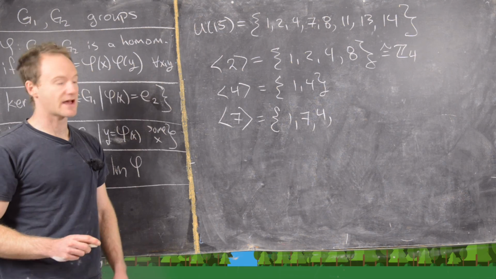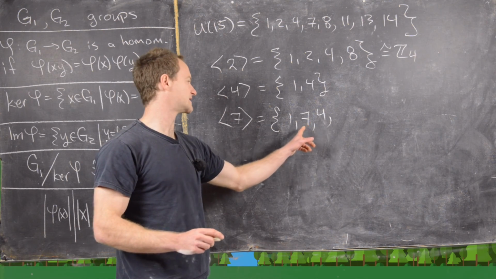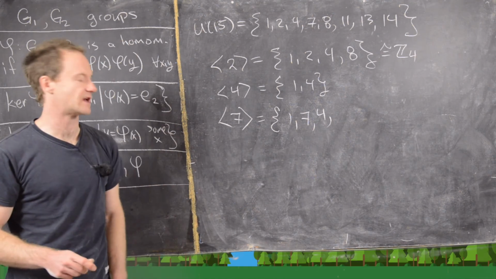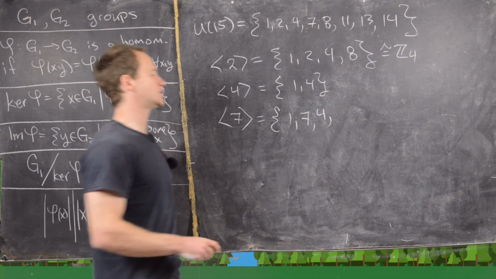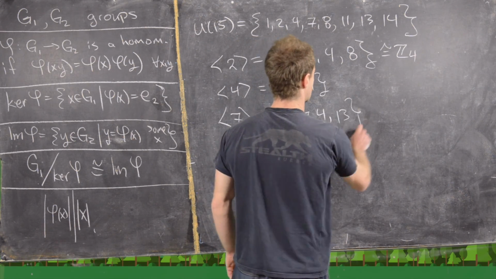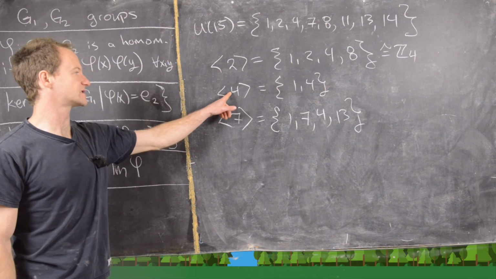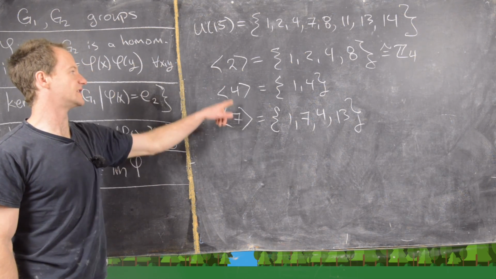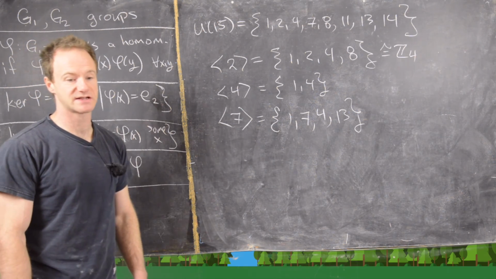And then 7 cubed is going to be the same thing as 7 times 4, because 4 is 7 squared, so that's going to be 28. But 28 is -2, which is 13 mod 15. So notice that this cyclic subgroup generated by 4 is inside the cyclic subgroup generated by 2 and the cyclic subgroup generated by 7. So that's interesting.